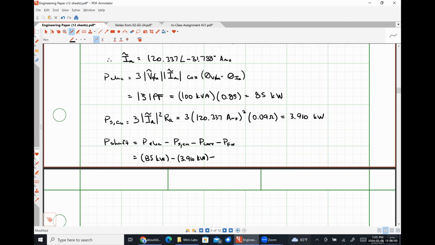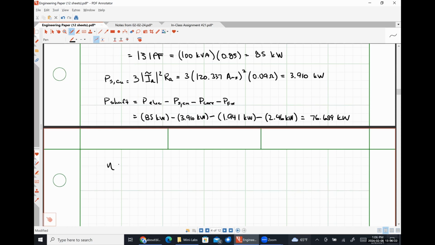Our core losses were given to be 1.941 kilowatts, and our friction and windage losses were given to be 2.46 kilowatts. That comes out to 76.689 kW. And now we have enough information to calculate both our motor's efficiency and the torque on the shaft.